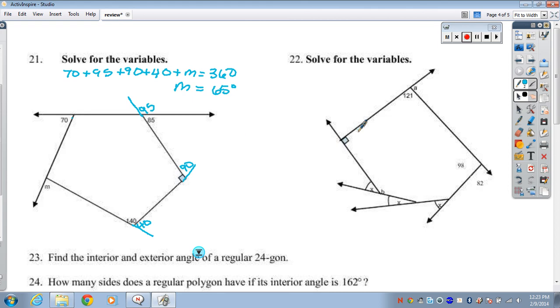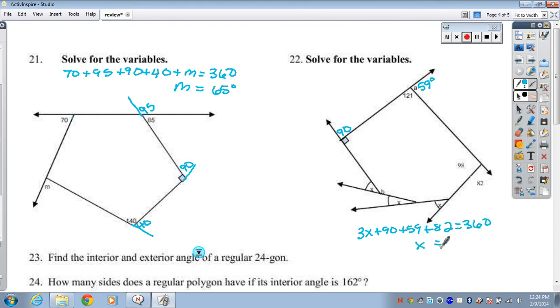The second one, this is a hexagon. Again, the sum of the exterior angles must be 360. This angle right here is 59 degrees. This one is 90 degrees. This one is x, x, x. This is 82 degrees. So that's 1, 2, 3, 4, 5, 6. Add them together. You're going to get 3x plus 90 plus 59 plus 82 equals 360.